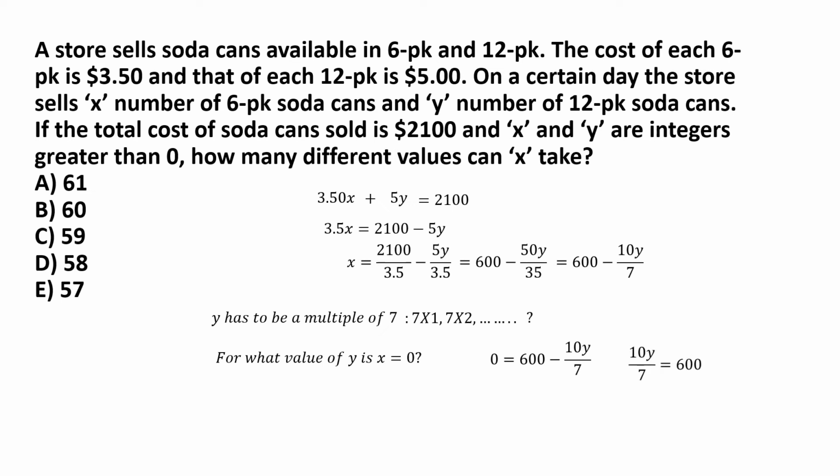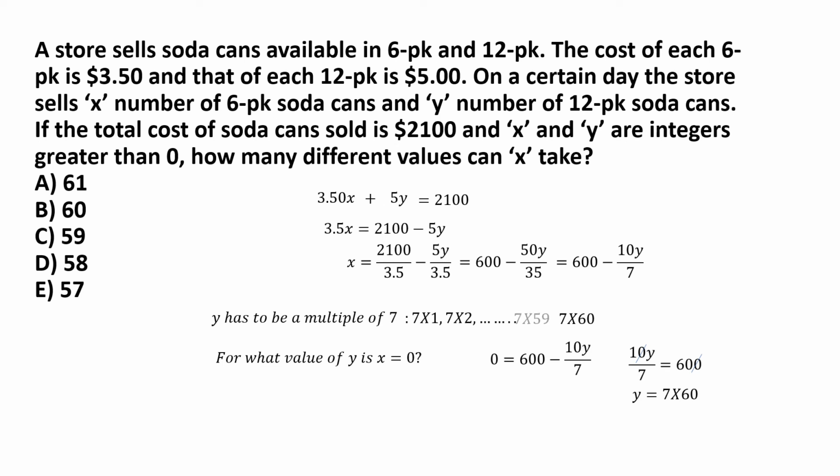And from this, we get 10y by 7 equal to 600. We divide both sides of the equation by 10. So we are left with y equal to 7 multiplied by 60. So y can go all the way in terms of multiples of 7 till 7 multiplied by 60.